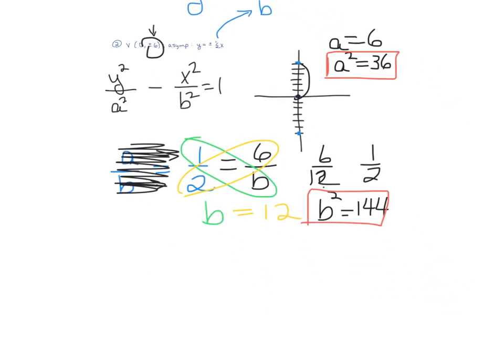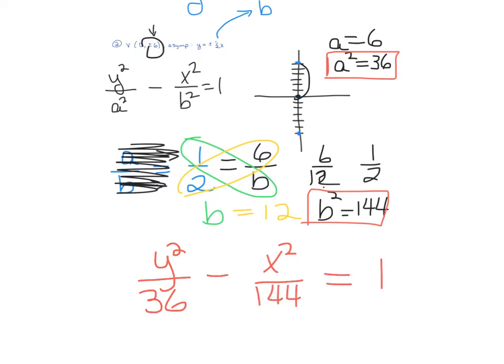All right, so let's fill it in. So y squared over 36 minus x squared over 144 equals 1. Okay, before in the ellipses, a squared had to be the bigger number. Now, a squared is just the first number, and it can be smaller.